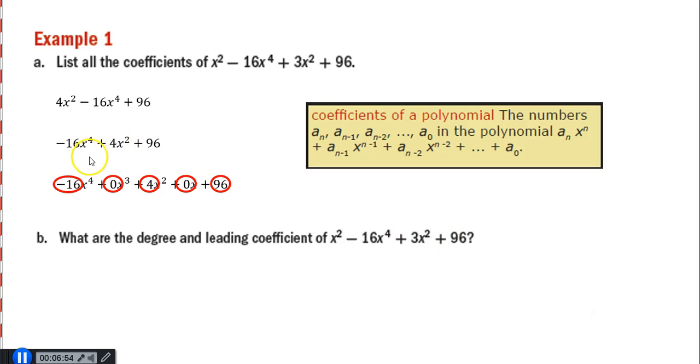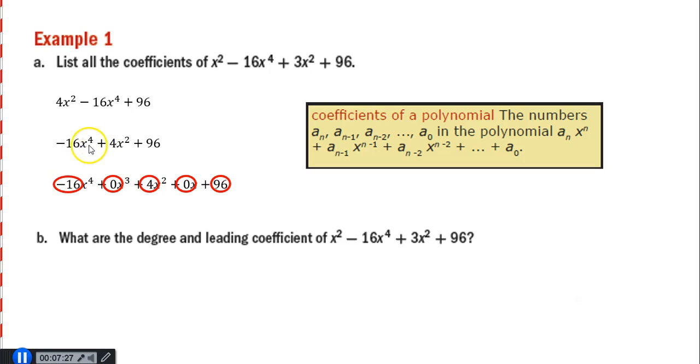The degree is the largest exponent in the polynomial. So if I look at this expression, the largest exponent is 4. Therefore, the degree of this polynomial, or this one, because it's the same thing, just simplified, is 4. And then the leading coefficient is directly tied to the degree, because the leading coefficient is the coefficient of the term with that largest exponent.